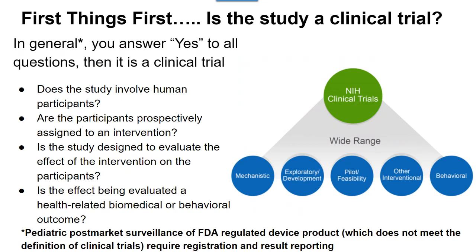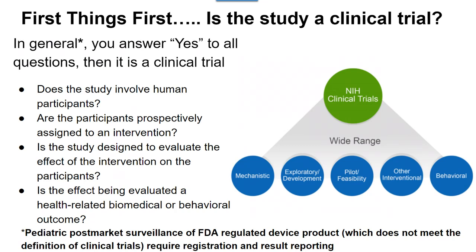Clinical trials include pilot studies and behavioral interventions. For example, if an investigator wants to assess the effect of an educational program on hospital readmission, here the education program is the intervention, and hospital readmission is a behavioral outcome. So that is a clinical trial per NIH definition.